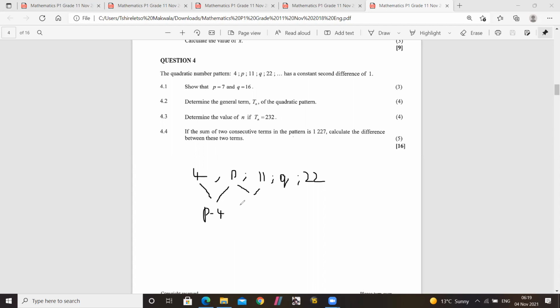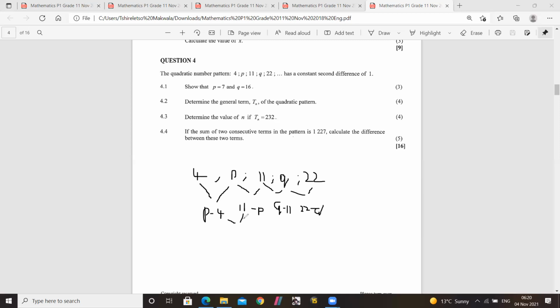Then this is 11 minus P. Then this is Q minus 11, and this is 22 minus Q. Then you're gonna find another minus.